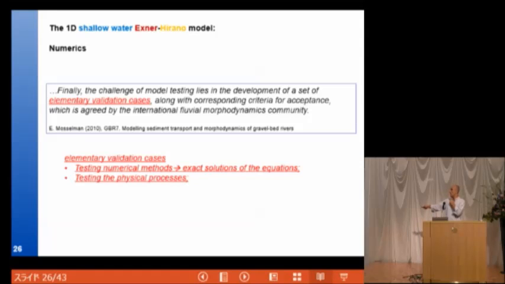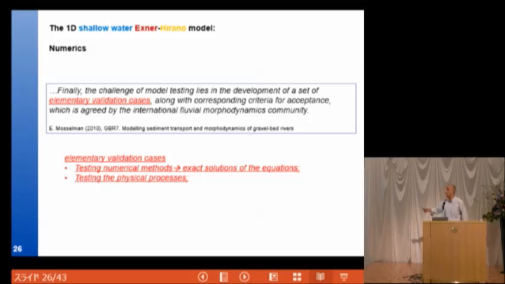I would like to stress that this part is really relevant. So I'm going to show you some of these elementary validation cases that we use for understanding to what extent the numerical solutions obtained with this model are reliable.